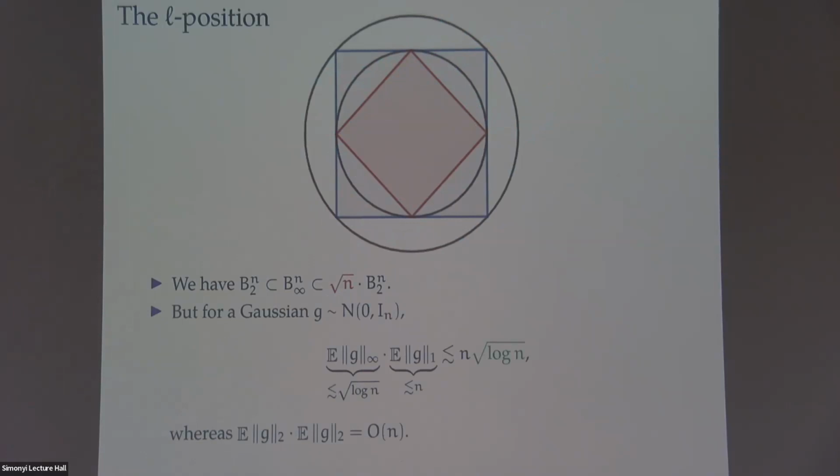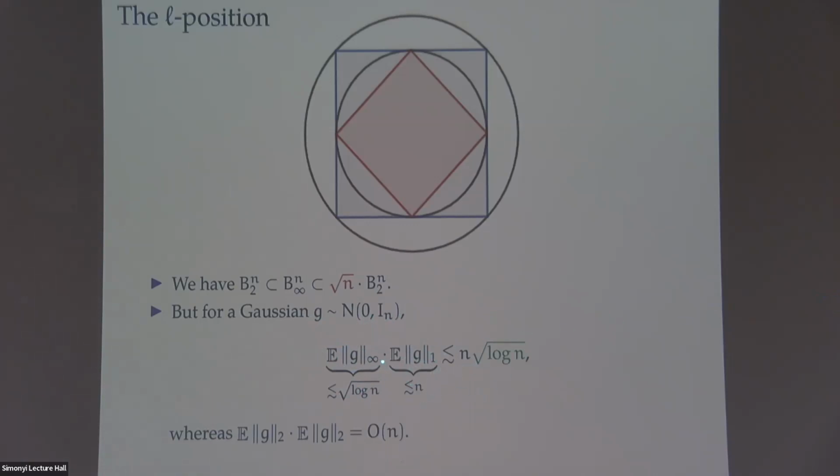So the insight of the geometers is that, if I take a Gaussian random variable in the space, there's another way you can approximate this unit ball by computing the product of the expectations of the Gaussian with respect to the body and of the polar. For example, in this case, the expected maximum coordinate of a Gaussian is order square root of log n. It's not too hard to show a sure enough bound. And also the expected one norm is order n.